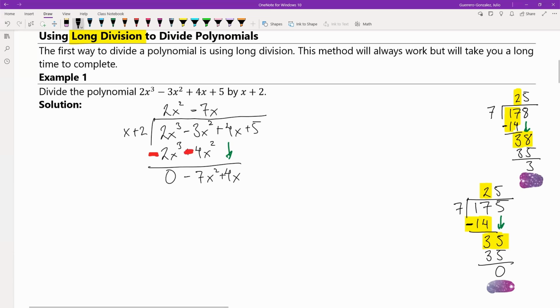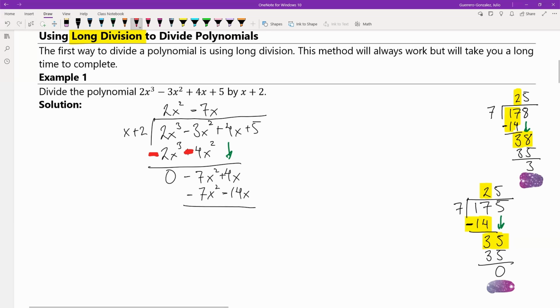So basically saying, right, this times this is equal to that. Minus 7x squared. Okay, now we got to do the other thing. This times this. Okay, that produces minus 14x.